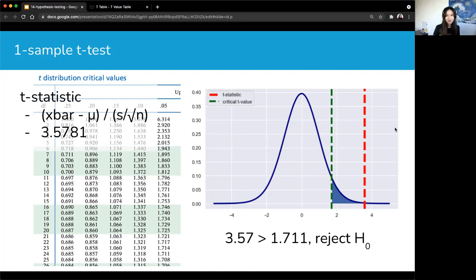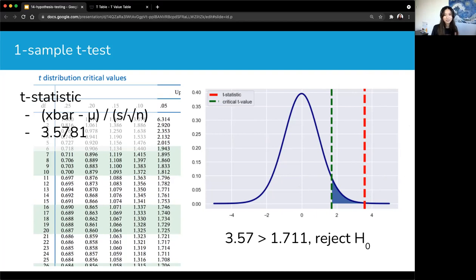If you remember from when we were drawing diagrams the last time, ideally you want your t-statistic or z-score to be higher to reject your null hypothesis. So because our t-statistic falls in the rejection region beyond the critical t-value, we can safely reject the null hypothesis.